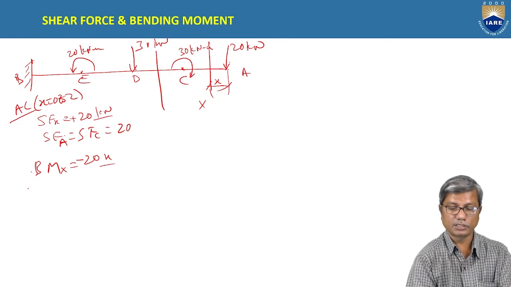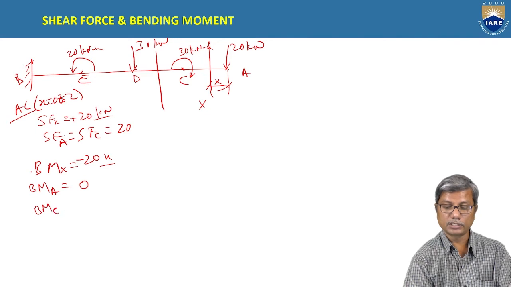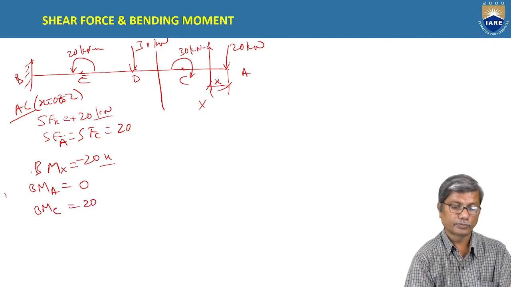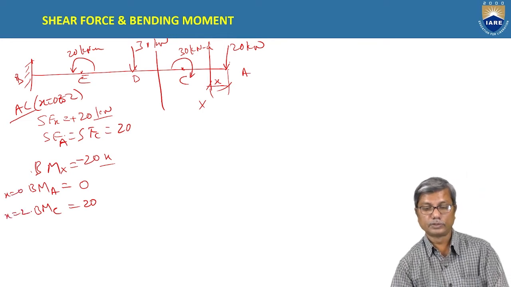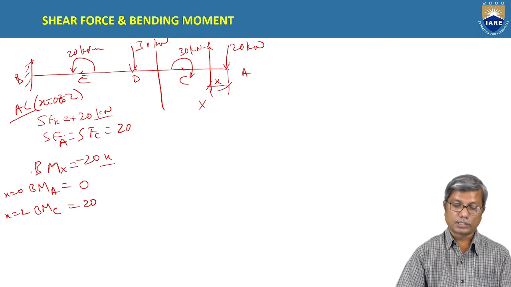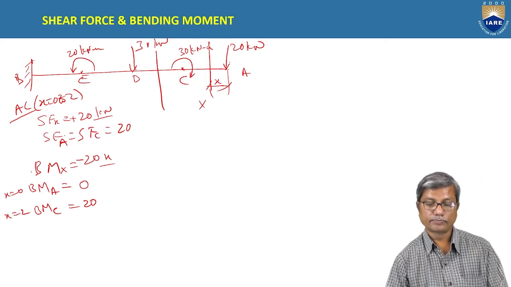It is dependent on x. So at x equal to 0, bending moment will be 0 at A. And at x equal to 2, bending moment at C will be 20.